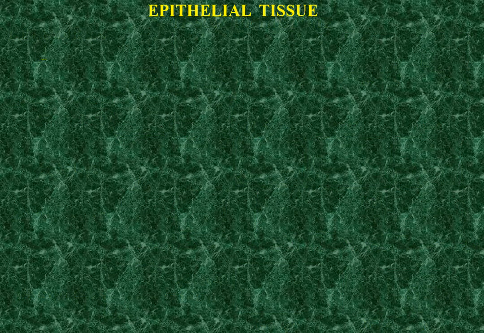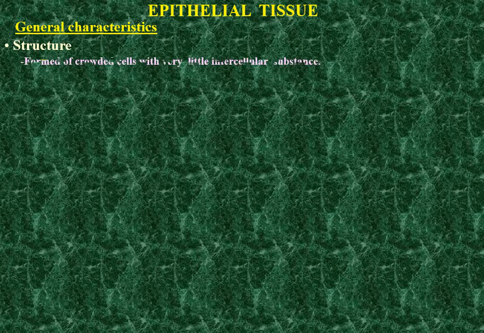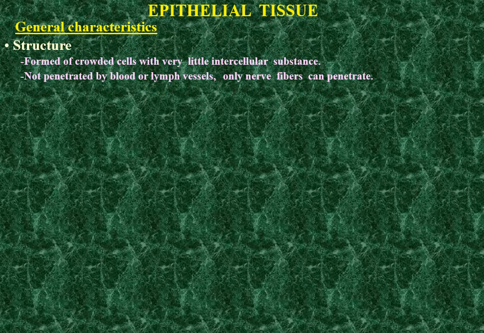Epithelial tissue. General characteristics. Structure. Epithelial tissue is formed of crowded cells with very little intercellular substance in between. Epithelial tissue is not penetrated by blood vessels or lymph vessels, but only nerve fibers can penetrate.